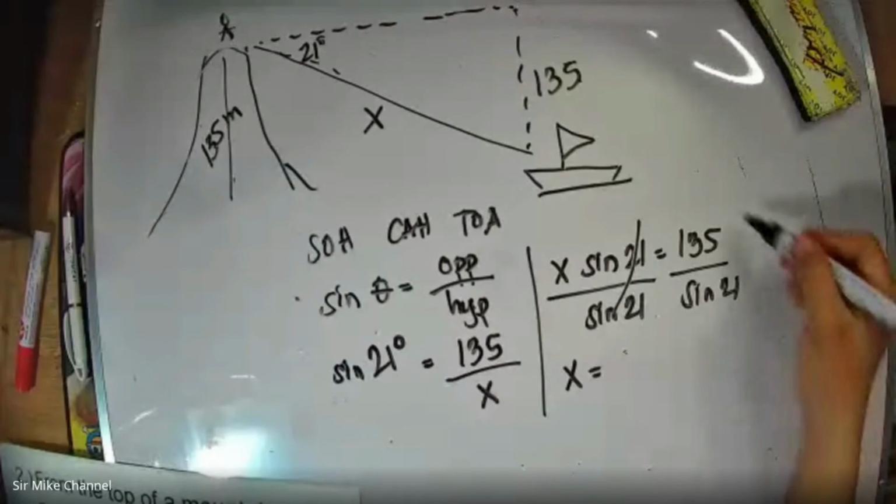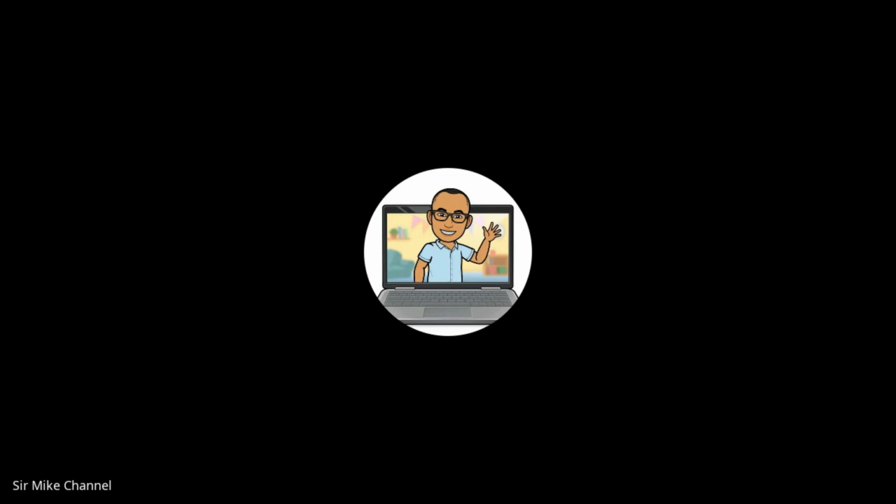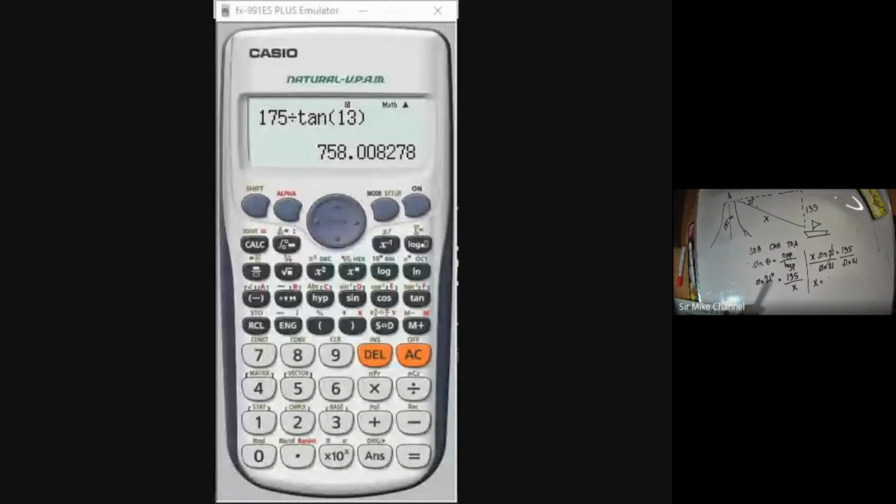Using the calculator, 135 divided by sine 21 equals 376.71.